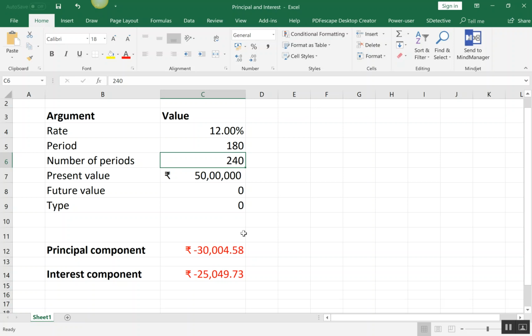And what happens at the end of the 240 periods is that the principal component is much higher than the interest component.